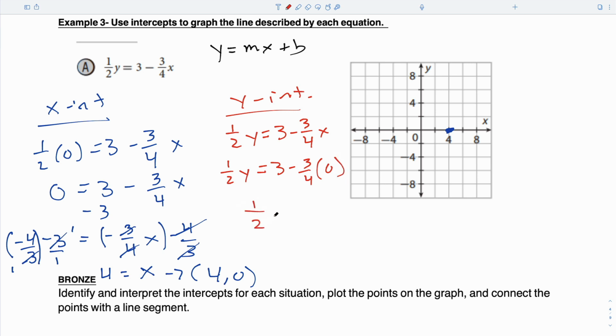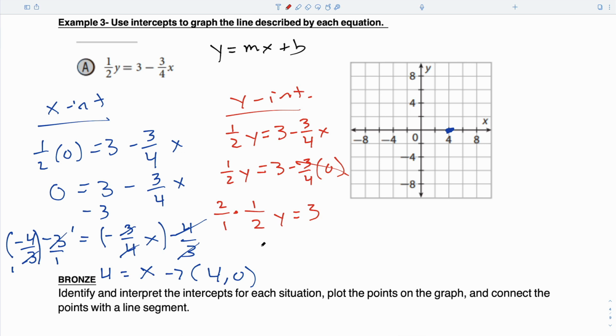Indy, help me solve for Y. We got that canceled. What happened next? Do we want to divide it or multiply it? Multiply it by what? 2 over 1, right? Yes, let's multiply by the reciprocal.